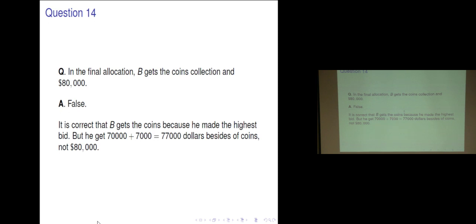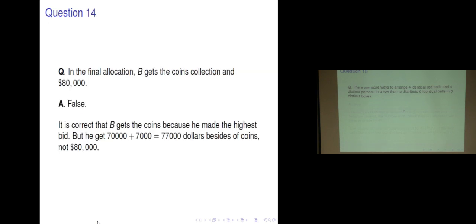Sorry, the old number was wrong. He'll also get 1/3 of the surplus, which is 7,000. So he gets 77,000 besides the coins. The number 80 is not correct. So there's a correction. Be alert. I made many mistakes like this.